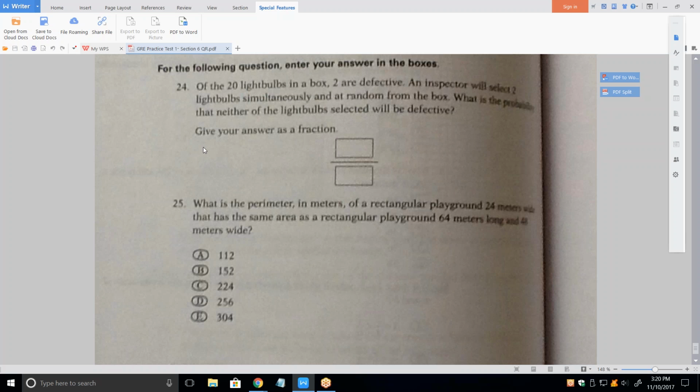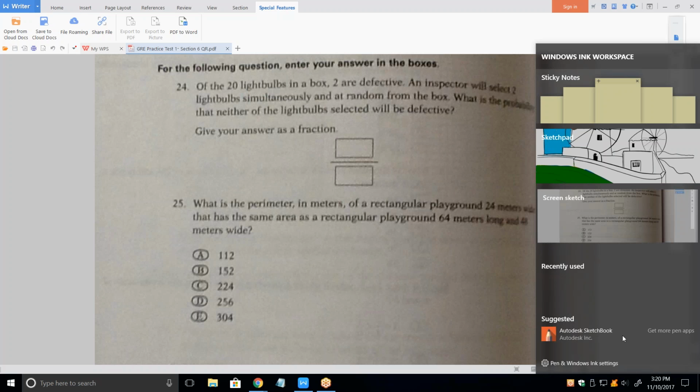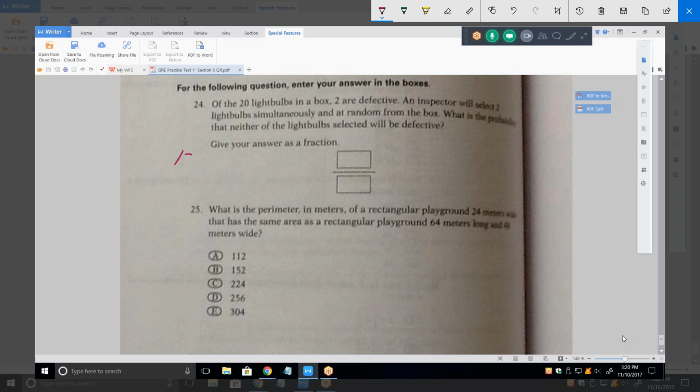So the odds are 9 out of 10, or more specifically, let's write it so that it's a little more clear, it's 18 out of 20. In other words, out of the original 20 bulbs, 18 of them are not defective. So the probability that the first bulb he picks will not be defective is 18 out of 20.